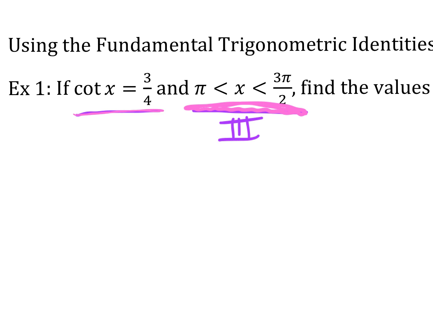Nicholson, what's your identity say? 1 plus cotangent squared x equals cosecant squared x. There we go. So we can plug in what we are given for the value of cotangent. So we can say 1 plus 3/4 squared is equal to cosecant squared x. And we're going to do the math there.